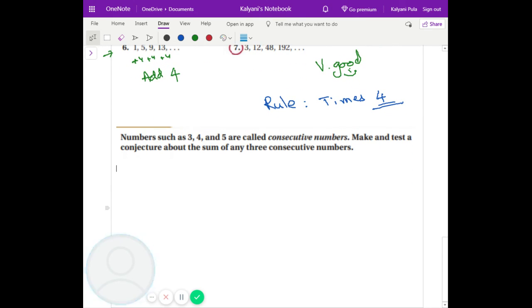Make and test a conjecture about the sum of any 3 consecutive numbers. So what are consecutive numbers? Consecutive means next to each other, next numbers. Okay, this is going to be tough, but I think I can do it. Go ahead and try that, and then we'll come back to this.